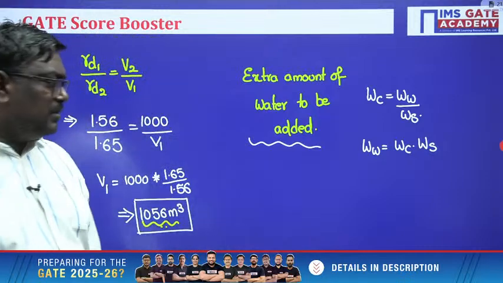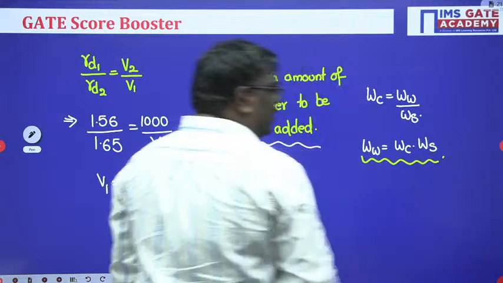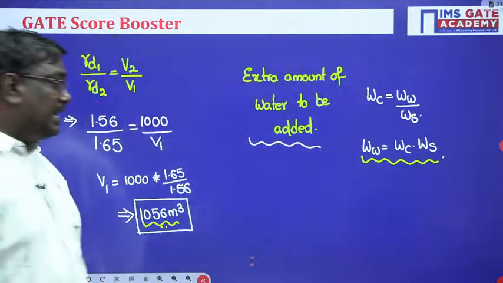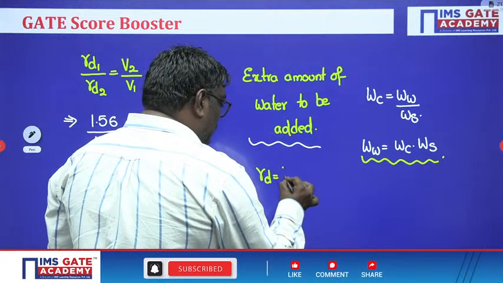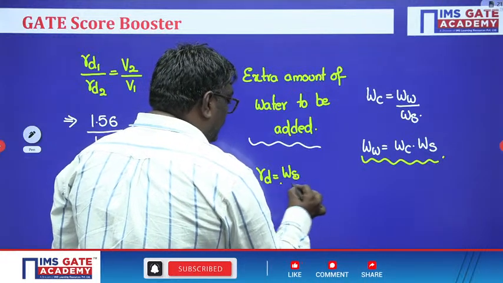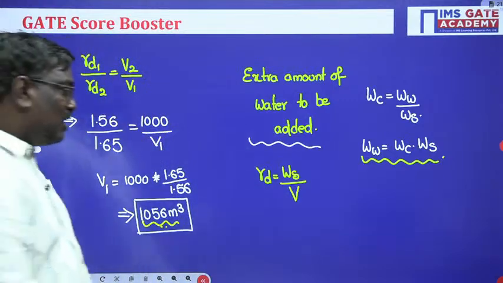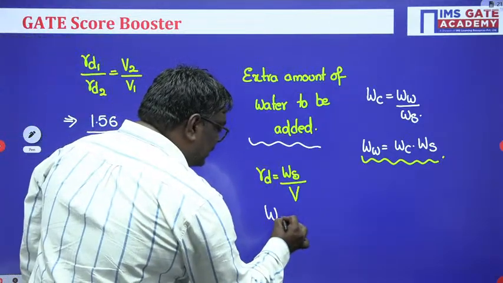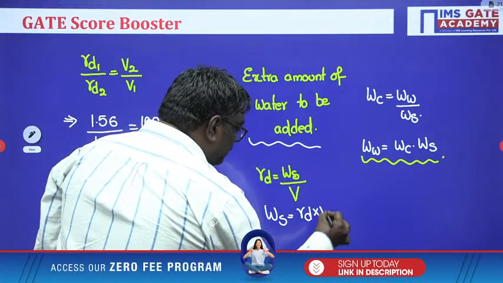But let me tell you what gamma D is. Gamma D is equal to weight of solids upon total volume. Agree? Now what is the weight of solids? It is equal to gamma D into volume.